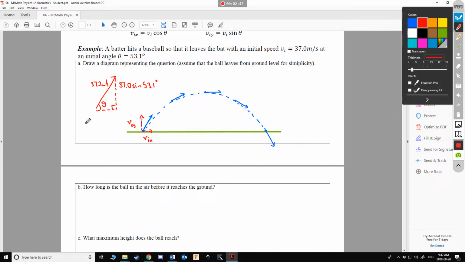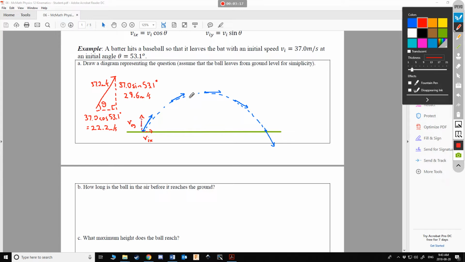The x component is going to be 37.0 cos 53.1 degrees. So we end up with, in the x direction, an initial speed of 22.2 meters per second, and in the y direction, an initial speed of 29.6 meters per second.